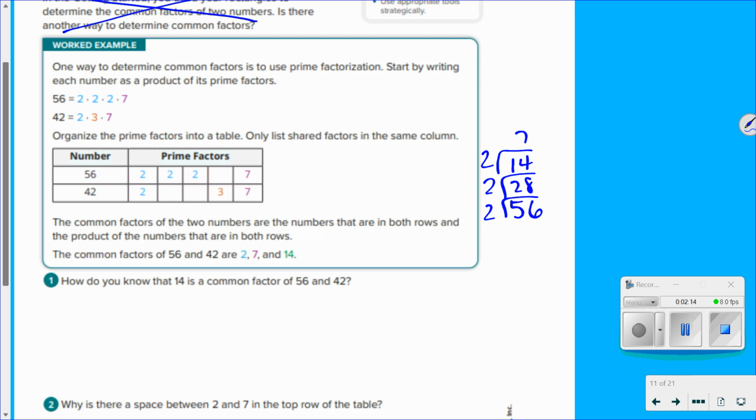So rather than having to do that whole tree and figure out all the different factors, the cake will actually line them all up for you. So let's do the other one. 42. We go through that same process. Can I divide 42 by 2? Yeah, so I do it. 2 gives me 21. Can I divide 21 by 2? No, not evenly. Can I divide it by 3?